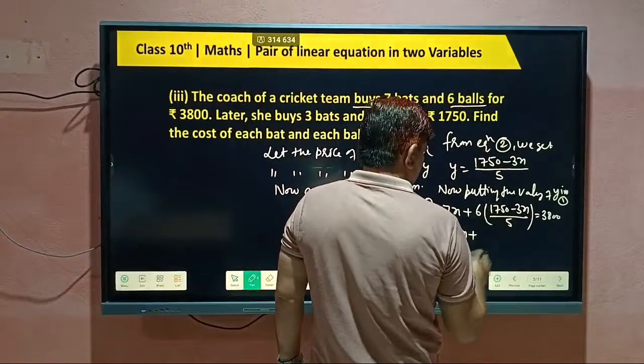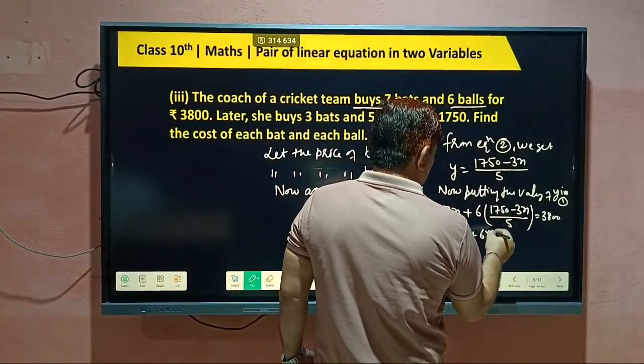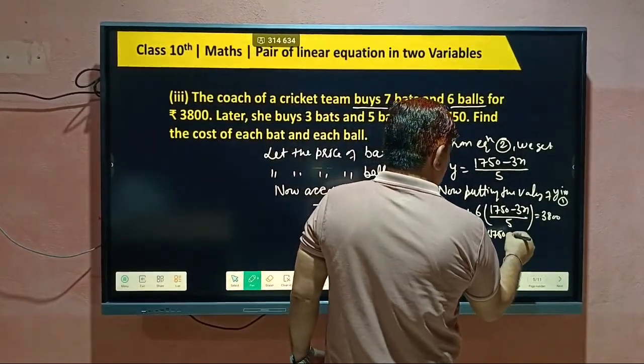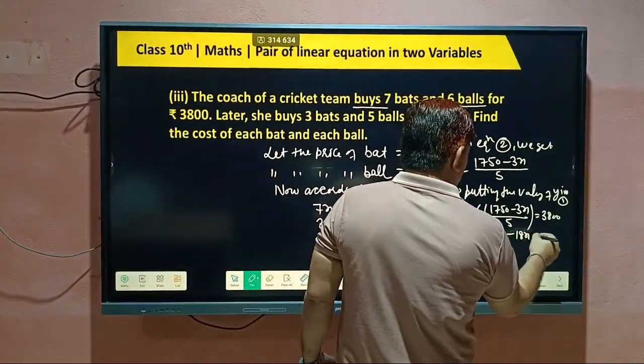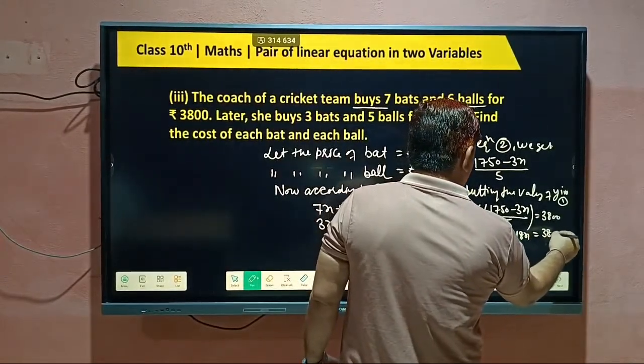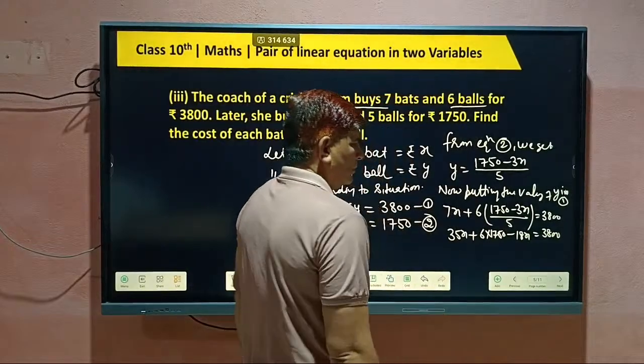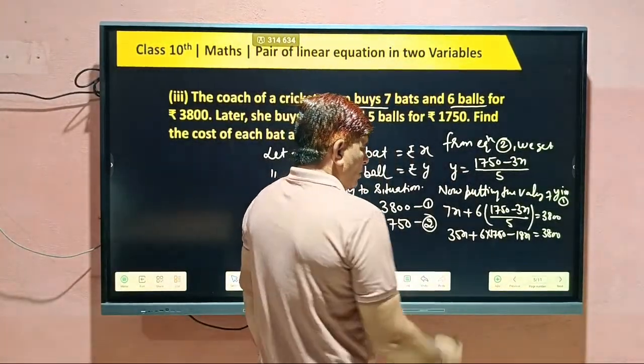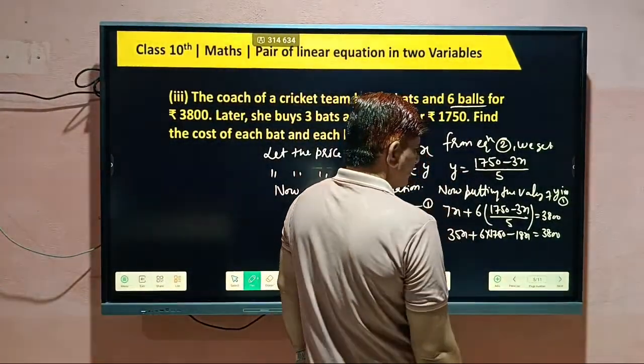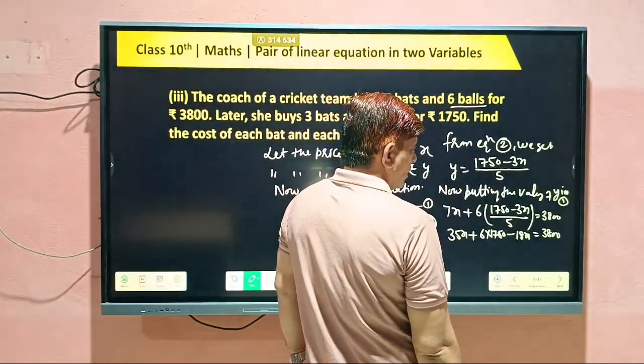What does it become? 35x plus 6 into 1750 minus 18x is equal to 3800. Understood? So how much is left?